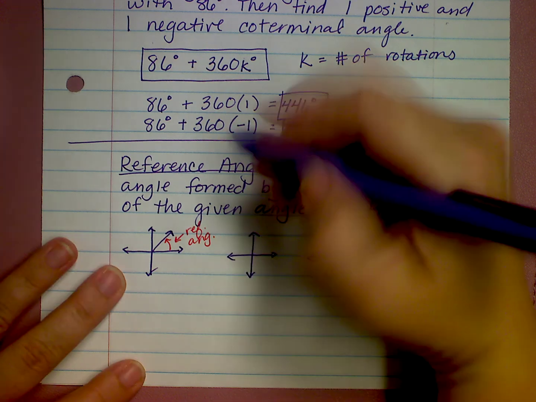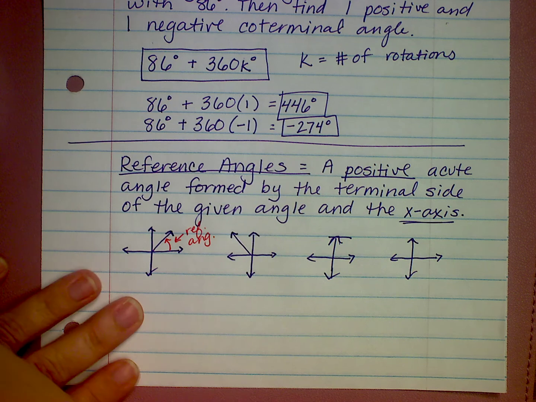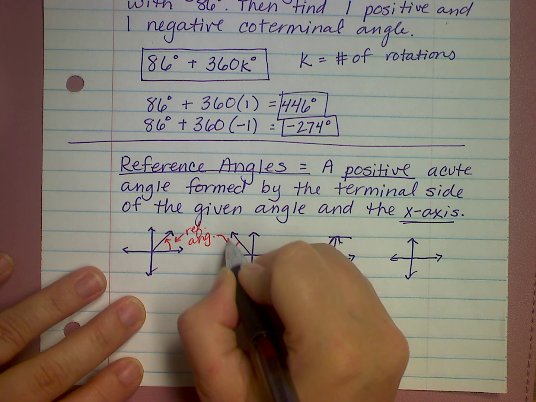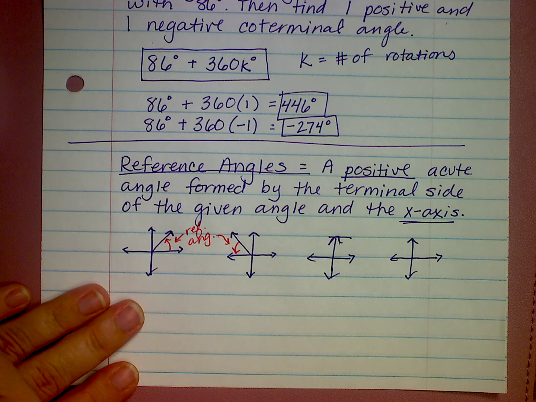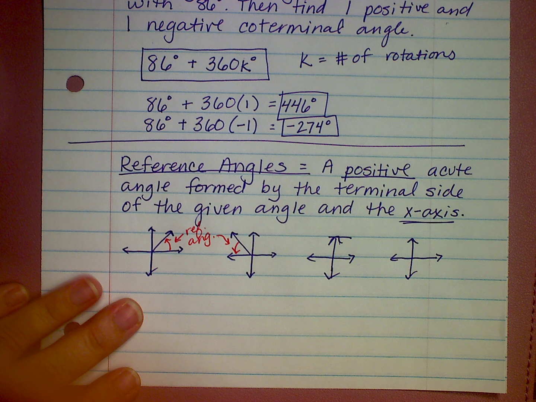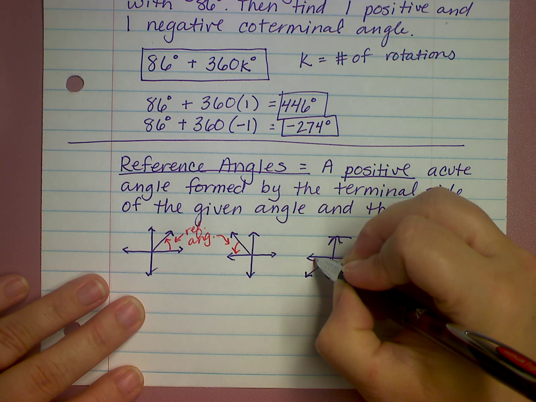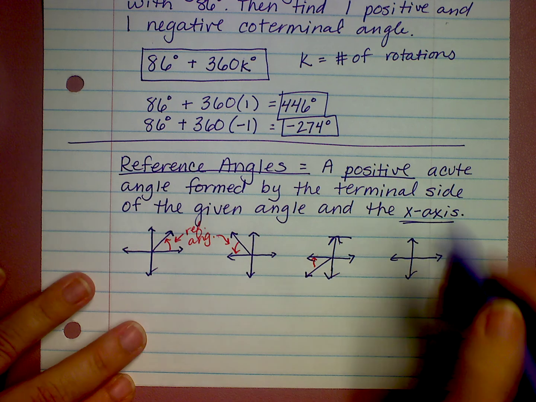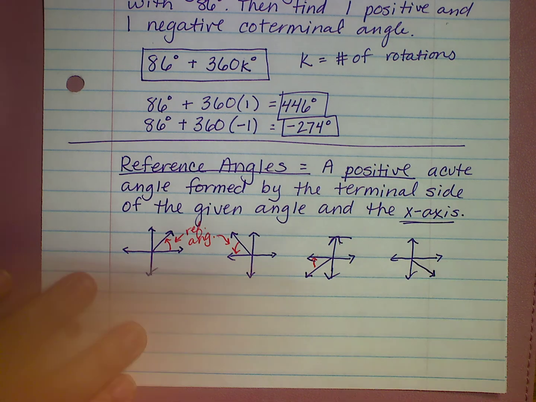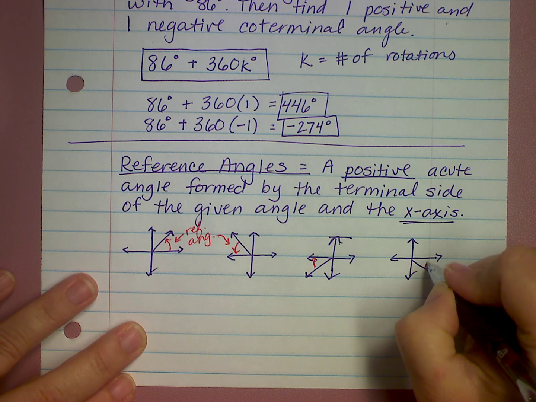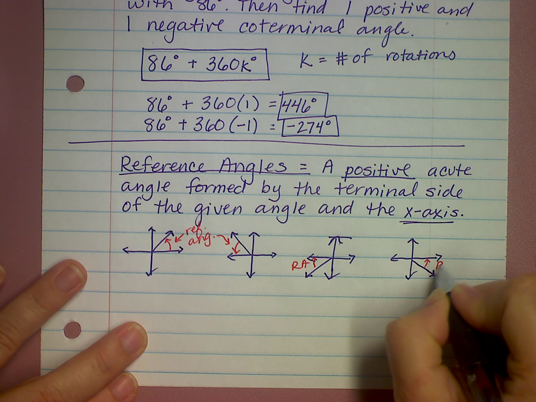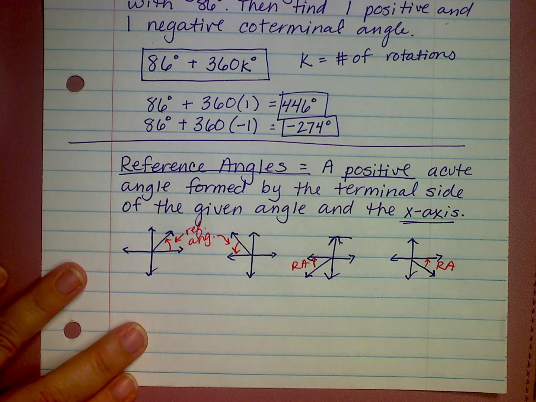If my terminal side is in the second quadrant, my reference angle is right here. If my terminal side is in the third quadrant, my reference angle is right here because, again, it has to go to the x-axis, never to the y-axis. And finally, if my terminal side is in the fourth quadrant, my reference angle is right here. So here's my reference angle. I'm just going to abbreviate it RA if that's okay.